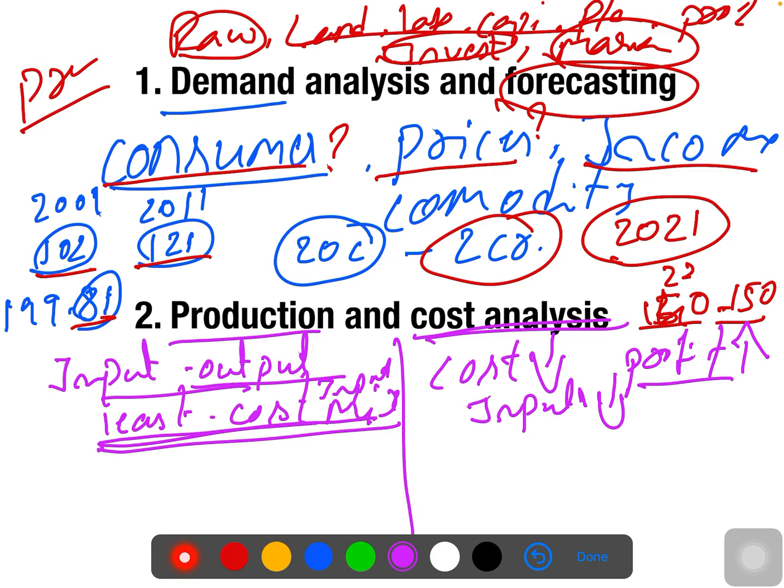We can analyze all these things by only one thing, that is by analyzing the cost analysis and the production analysis. You have to bring the relationship between input and output, and by adopting more and more good techniques and technology, bringing the cost very low, you can bring more and more profit out of it. So this we're going to talk about in production and cost analysis.